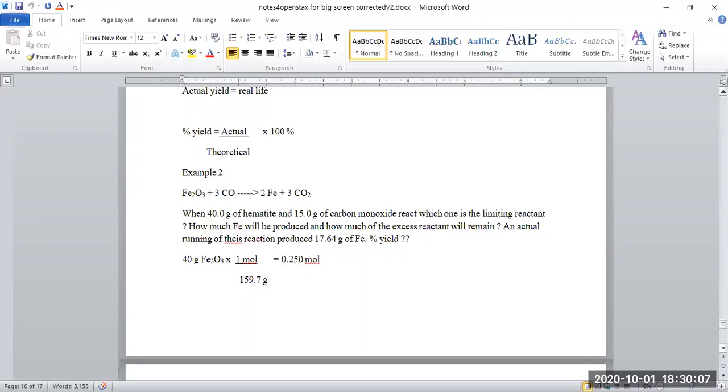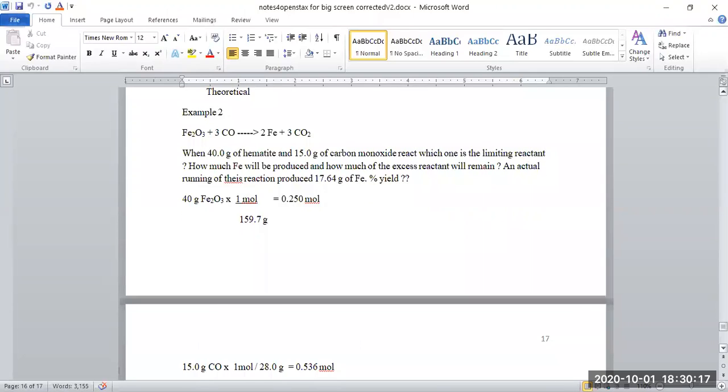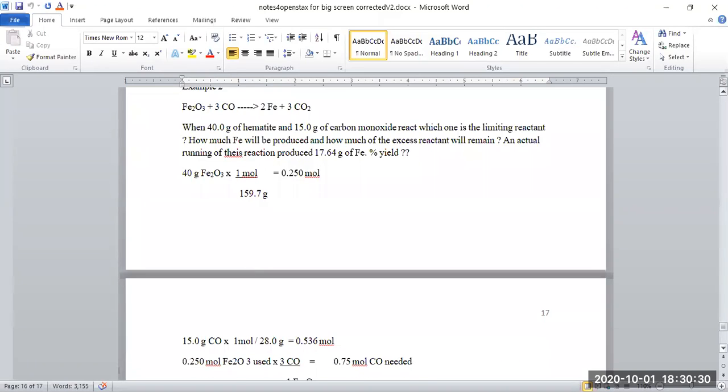This is very similar in a lot of ways to the math that will be applied to the lab that we're doing. 40 grams of iron oxide, which has a mass of 159.7, so I've got a quarter of a mole of my iron oxide. I have 15 grams of carbon monoxide, but carbon monoxide weighs less on the molar mass end of things.